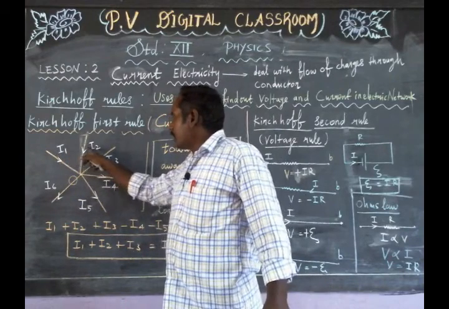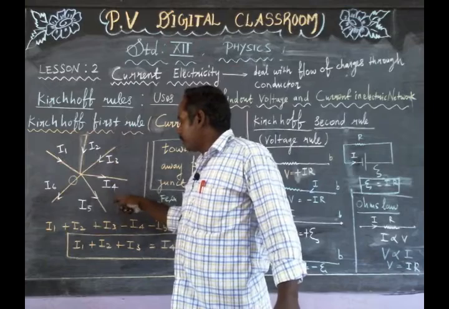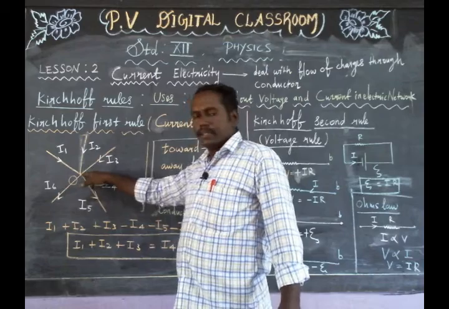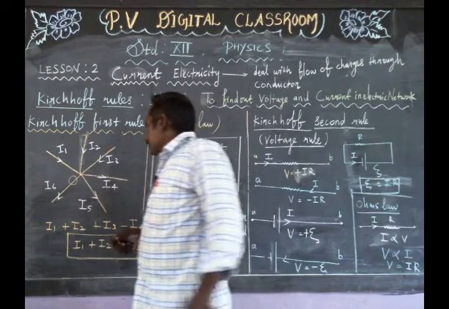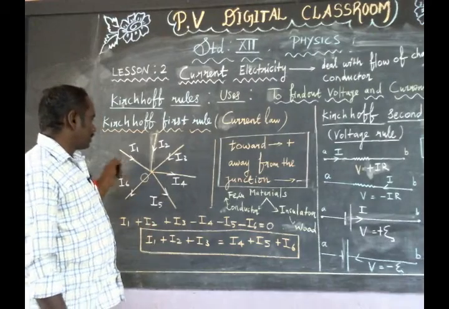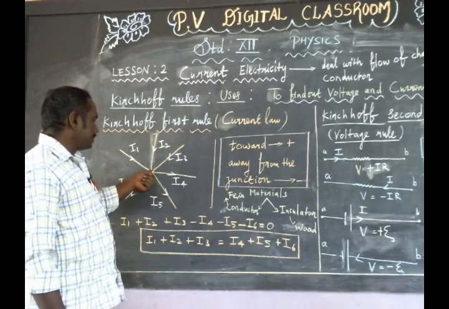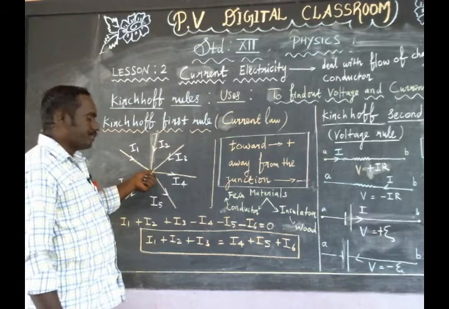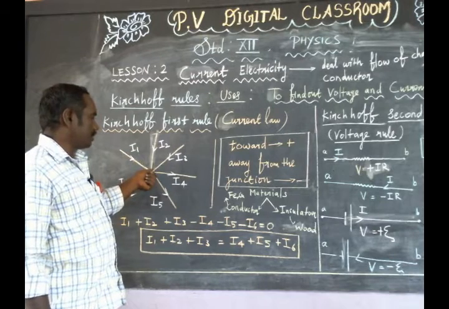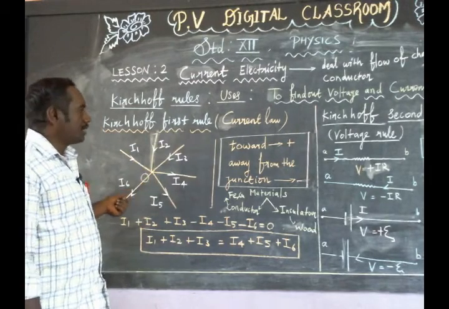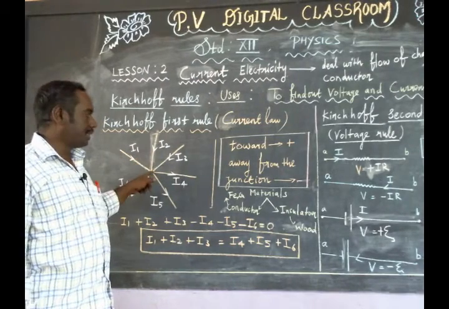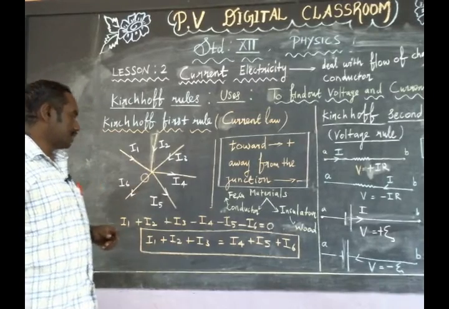Let I1, I2, I3, I4, I5, I6 be the currents passing through the conductors at junction O. The rule: the algebraic sum of the currents meeting at any junction is 0. It is a statement of conservation of charge.